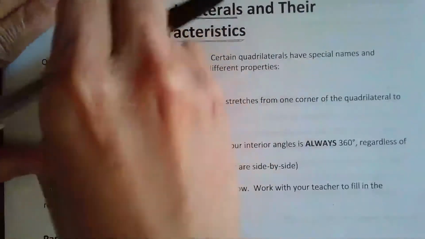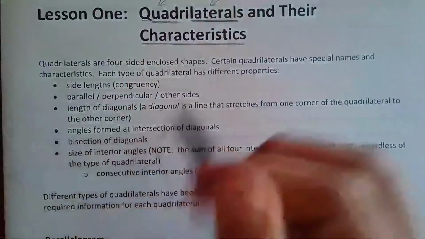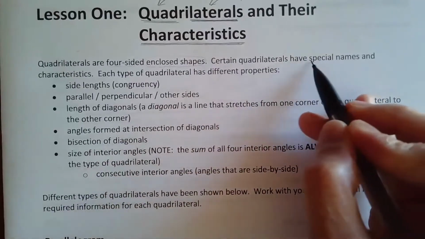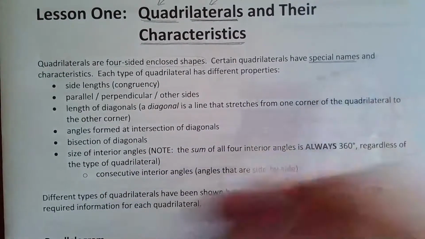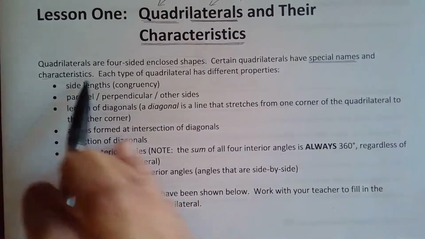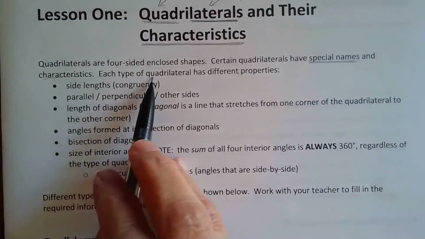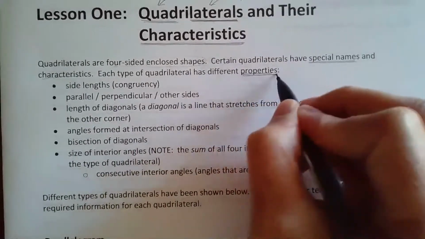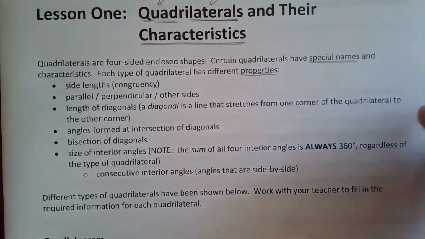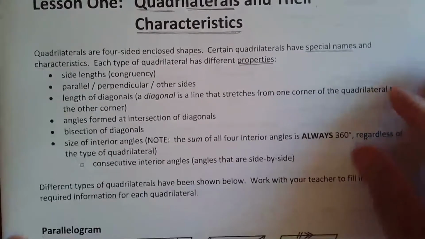It has to be a closed shape. Certain quadrilaterals have special names. We're going to talk about some of those special names and special characteristics. Each type of quadrilateral has different properties. Properties also means characteristics, another way of saying characteristics.